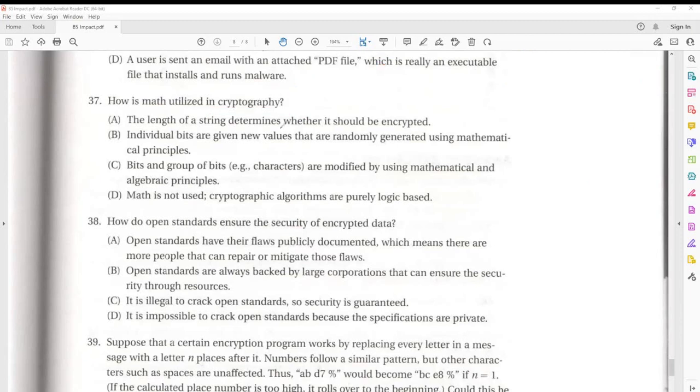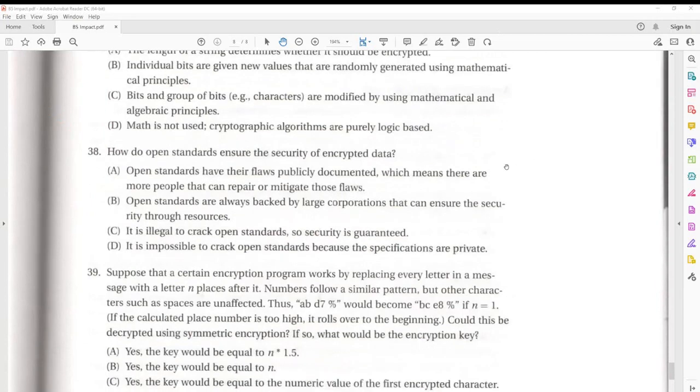So how is math being used? Okay, so actually it's not used wrong. The length of string determined in development within generated mathematical principle. Bit and group of bits. Okay, so 37 is bits and groups of bits multiplied using mathematical algebraic principle. C, okay, you are actually using what?